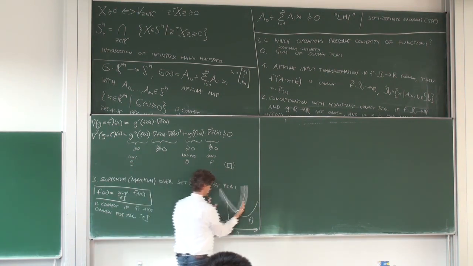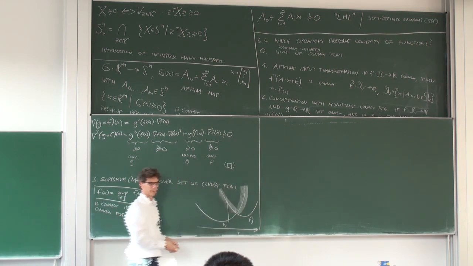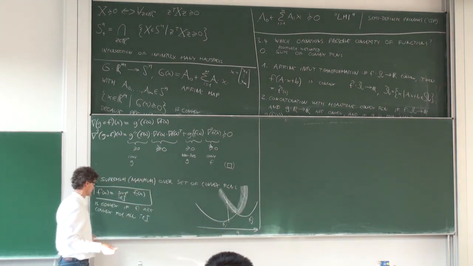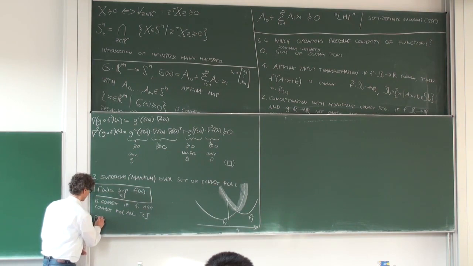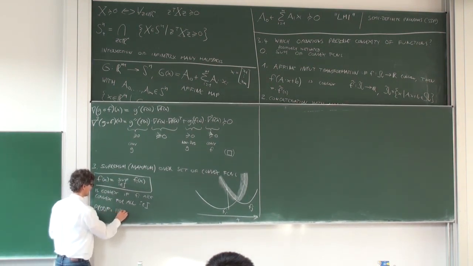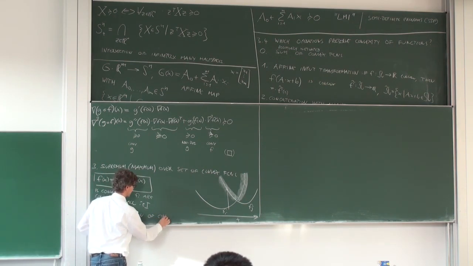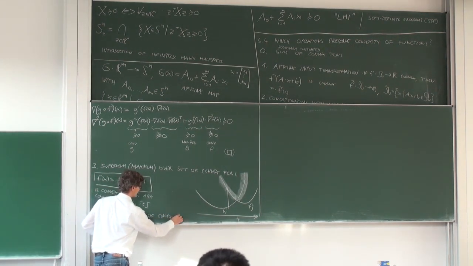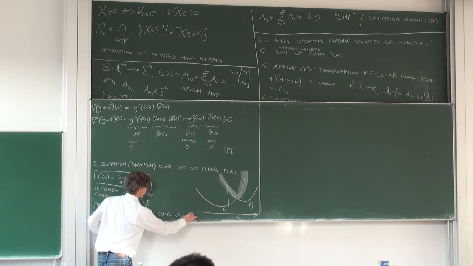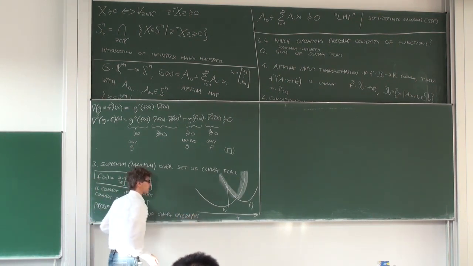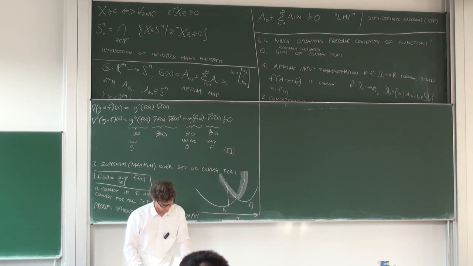So take this epigraph, take that epigraph, intersect them, and you get this set. And that is the epigraph of the supremum function. So it is an easy application of the epigraph formulation. It's the intersection of convex epigraphs. That's what will help us here.